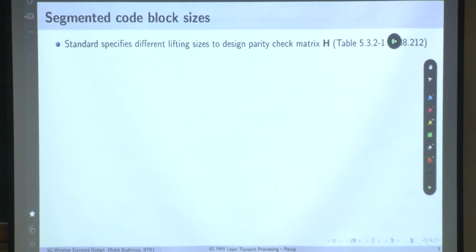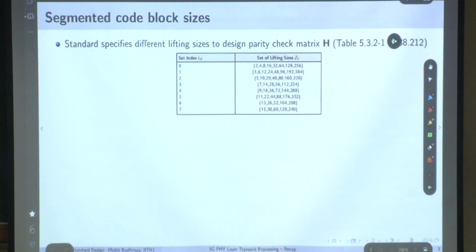In order to generate it, a base graph matrix is defined, and that needs to be blown up to the required size. That blowing up process is called lifting the base graph matrix.